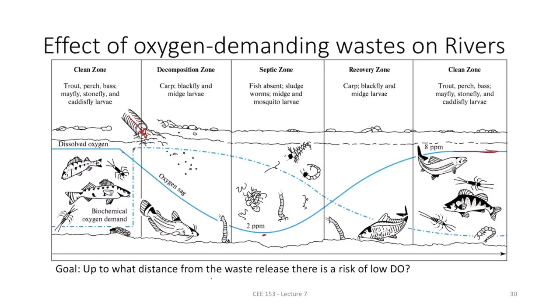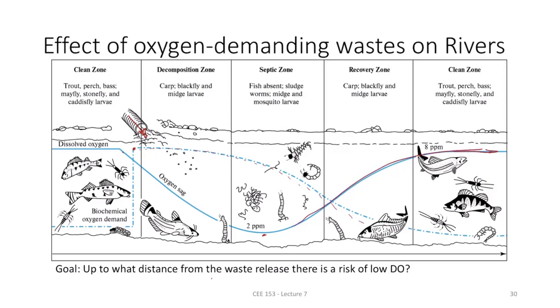The BOD is very high here, and then it decreases as it goes forward because it is being consumed. As the BOD decreases, the oxygen concentration initially decreases a lot, but after a point there is not sufficient BOD, so the oxygen concentration will back up again.